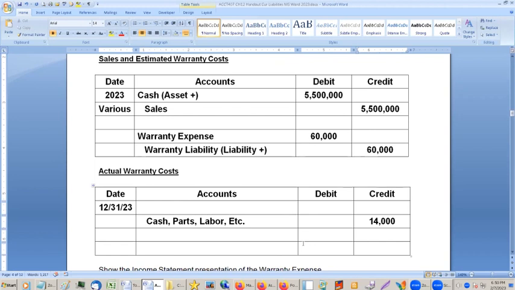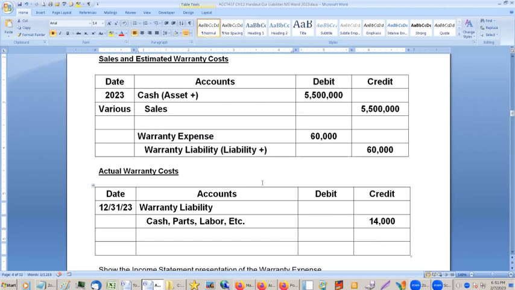What's going to go on the other side? Yes, very good. Warranty liability. We've already expensed this 14,000 up here, I should say. So throughout the year, whenever we made a journal entry, we put a little bit aside for the warranty expense.